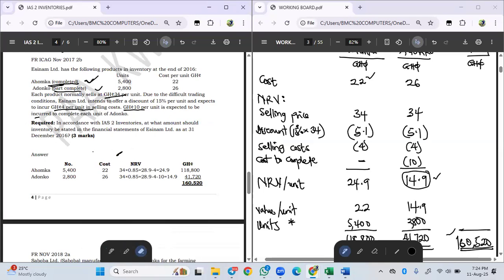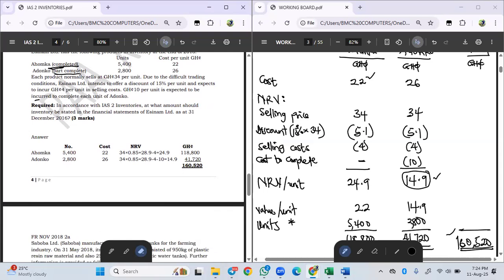I hope we are okay here. So we are done with this particular standard. As I said, we don't need much here. All we need is what we've done: how to measure the inventory, lower of cost and net realizable value. We've determined what the net realizable value is.